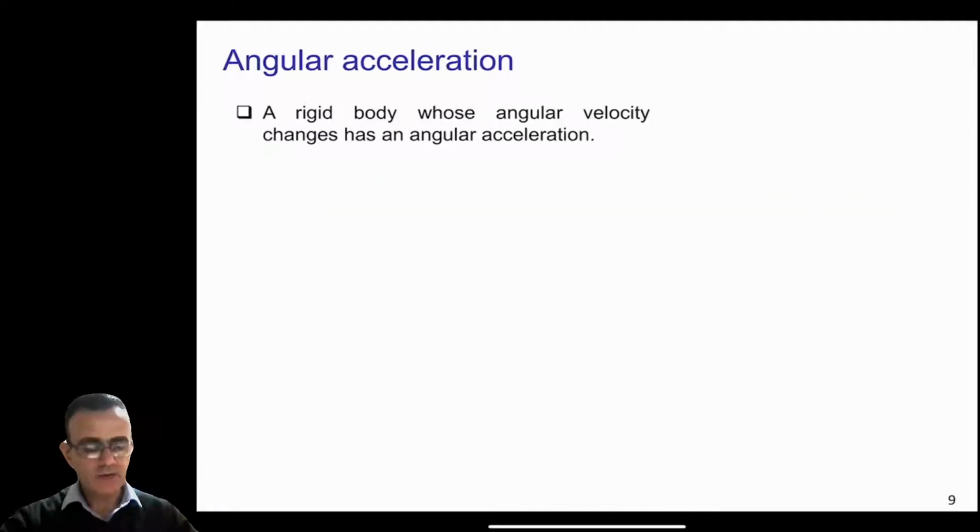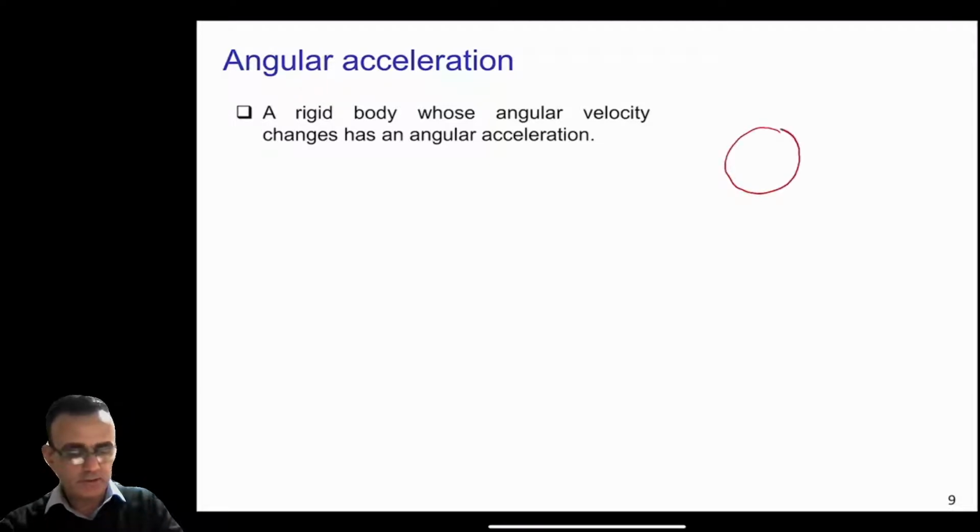Okay, so now we can also introduce angular acceleration here. If you consider this body here, initially it may be moving with some angular velocity omega 1z, and then a second angular velocity after time t.